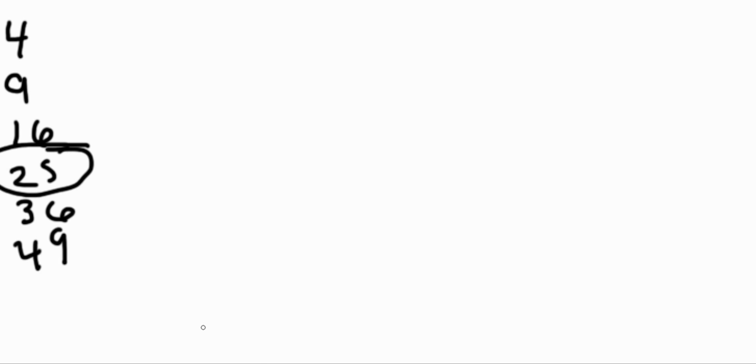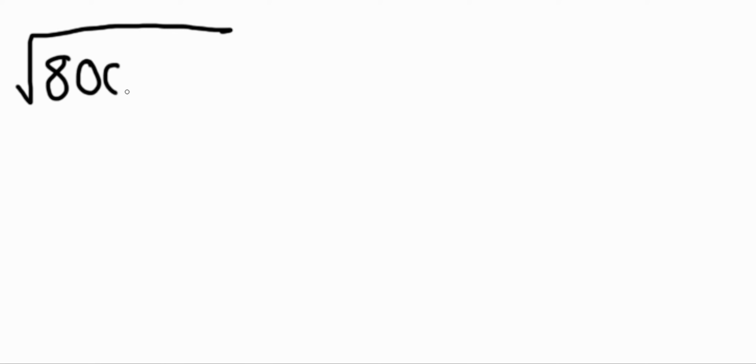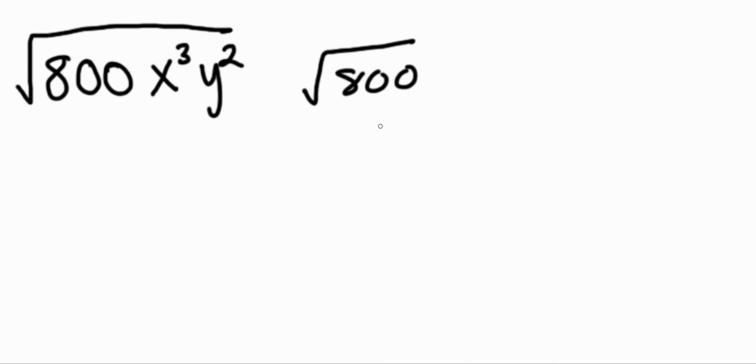What if, though, it got even more complicated? Let's say we had radical 800 x cubed y squared. Let's look at each of these separately. So radical 800. Well, breaking this up, we can have radical 8 times 100.